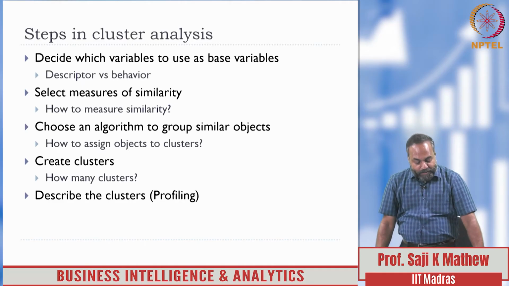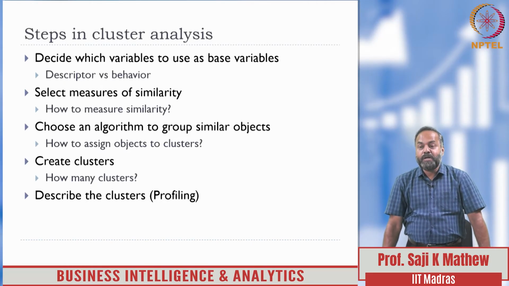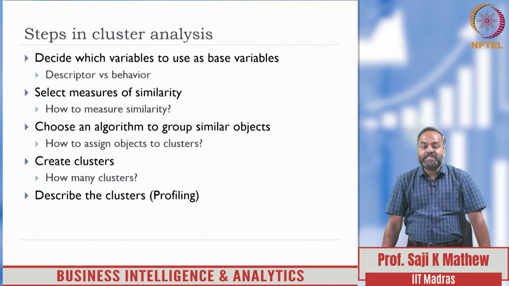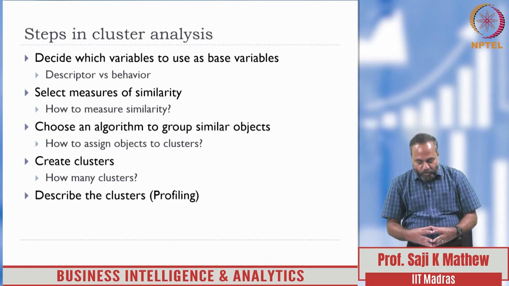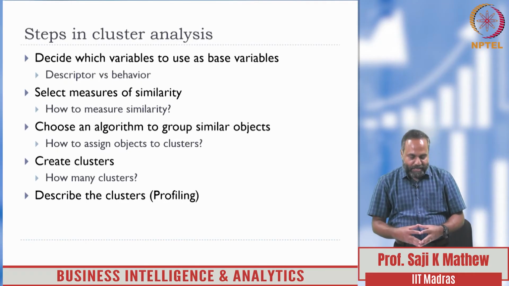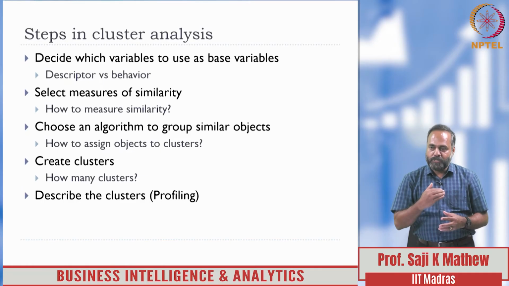Now, one important aspect of cluster analysis is a measure known as similarity. Similarity is similar to purity, which we discussed in decision trees. In decision trees, the subgroups should be pure, as the child node should be purer than the parent node.